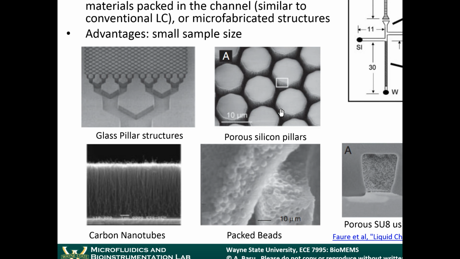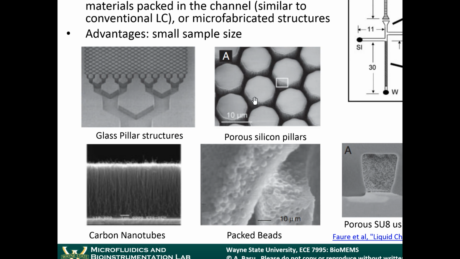So let's say you have a hydrophilic protein, and then you have a porous silicon surface, which is also hydrophilic. There's going to be some interaction there, and that's going to slow the molecule down.